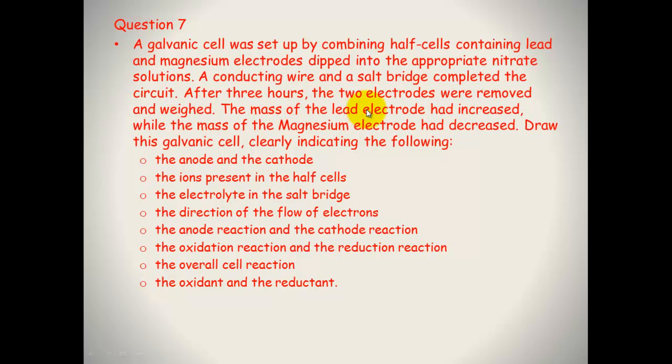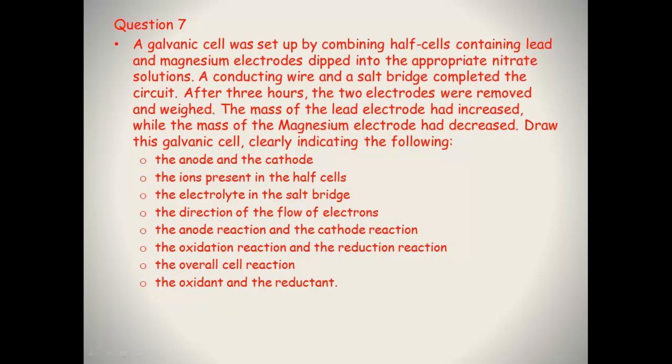The mass of the lead electrode had increased, while the mass of the magnesium electrode had decreased. Draw this galvanic cell clearly indicating the following: the anode and the cathode, the ions present in the half cells, the electrolyte in the salt bridge, the direction of the flow of electrons, the anode reaction and the cathode reaction, the oxidation and reduction reactions, the overall cell reaction, and the oxidant and the reductant.